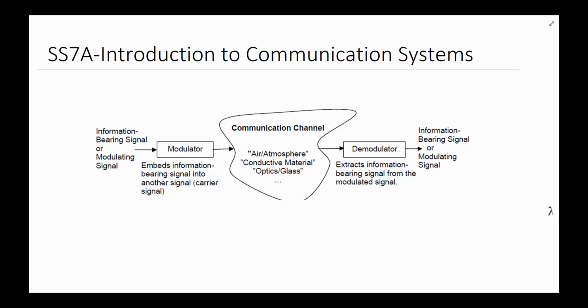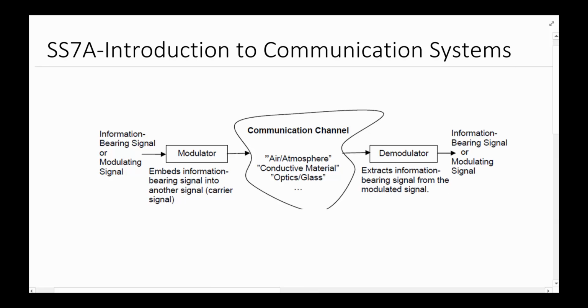So it's basically a study of systems that take, as this diagram shows, information bearing signal from one end and produce the same information bearing signal on the other end as clearly and as truthfully, as consistently as possible.